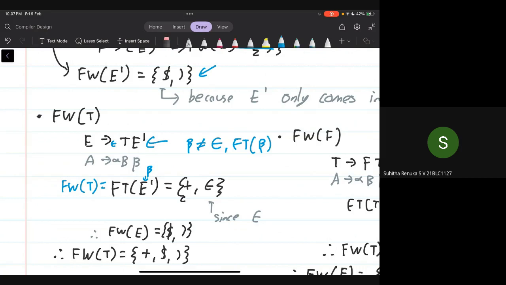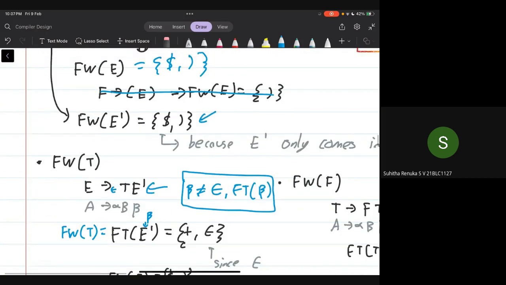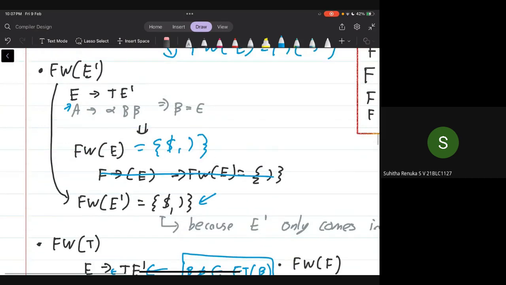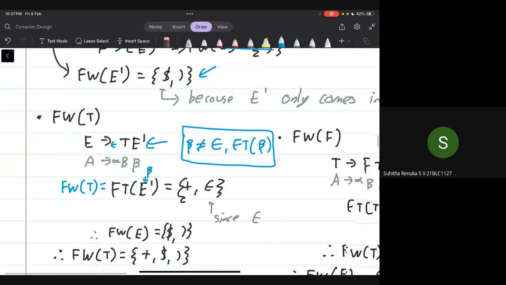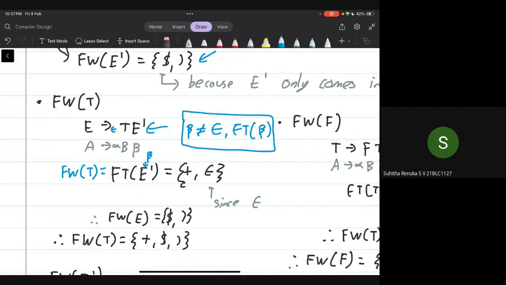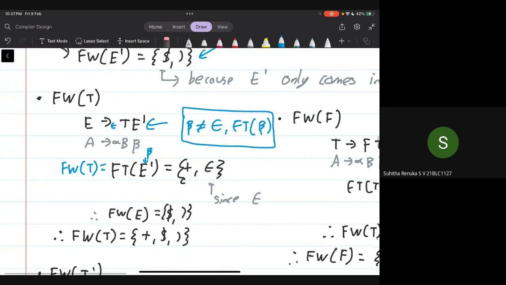If it is epsilon, then you take follow of A. First of beta is first of E dash.